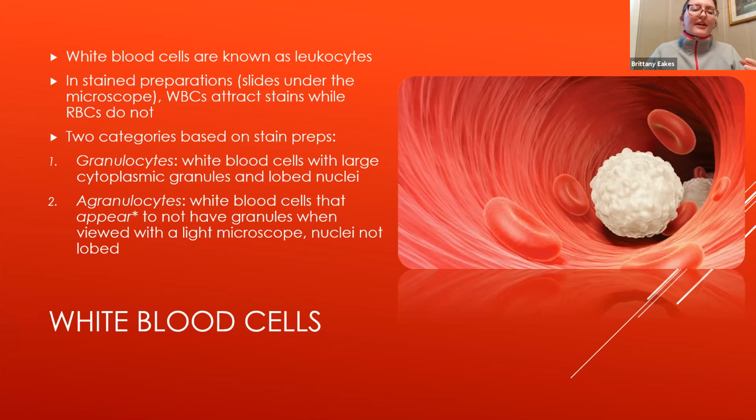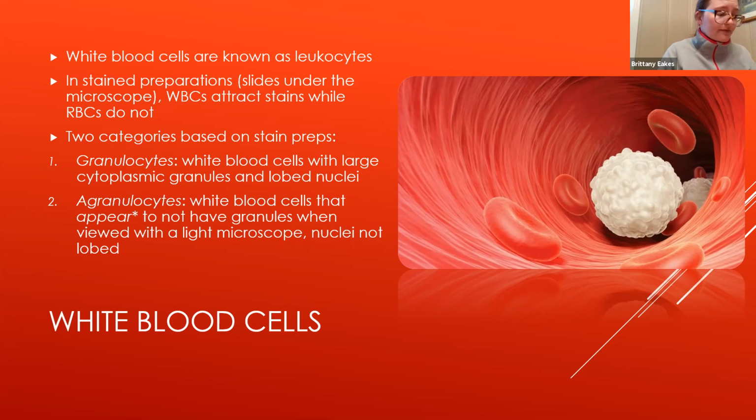There are granulocytes, which are white blood cells with large cytoplasmic granules and lobed nuclei. They stain a certain color. And then there are agranulocytes, which are blood cells that appear not to have granules, and their nuclei are not lobed.